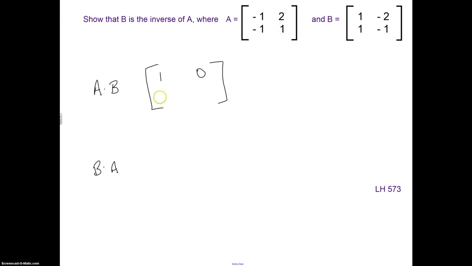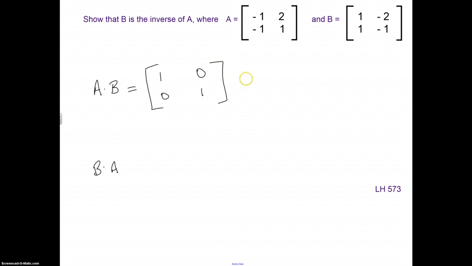Going for this bottom left element, negative 1 times 1 is negative 1, plus 1 times 1 is 0. And for this element, it's going to be negative 1 times negative 2 is 2, plus 1 times negative 1, or 2 plus negative 1 is 1. So that gave us the identity matrix.